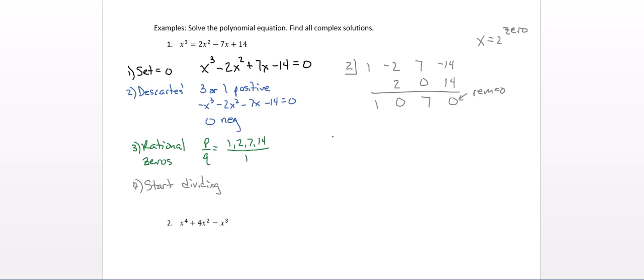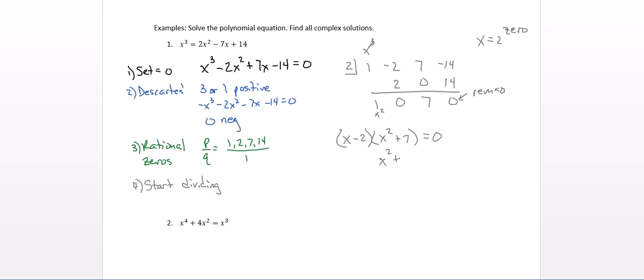And further, I know that I now have x minus 2, right? The 0 turns into the factor. This was x cubed, so this is x squared. I'll have this polynomial on the left, x cubed minus 2x squared plus 7x minus 14, now factored as x minus 2 times x squared plus 7. I'm going to use the zero factor property now. I know the 0, x equals 2.